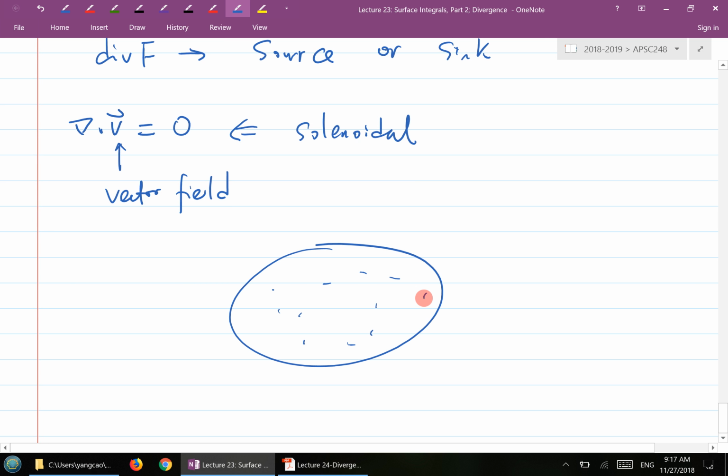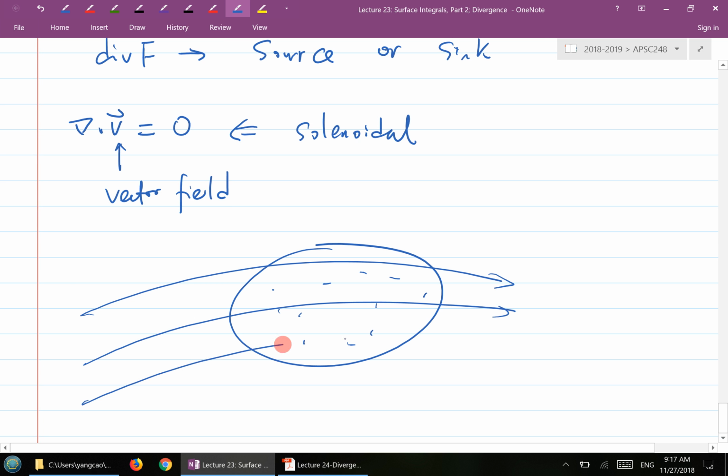So if I have a vector field passing through this surface, if this is 0, it means however much goes into the surface will actually come out of the surface, right? So that gives you this del dot V equal to 0.